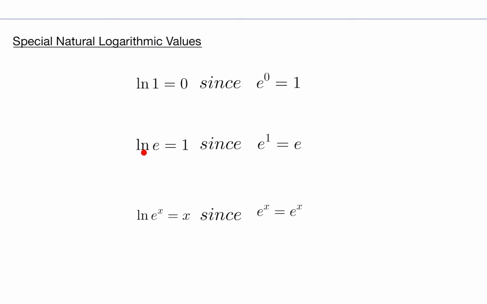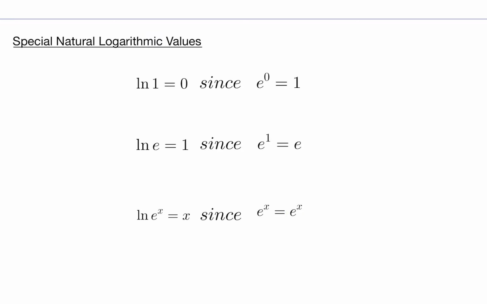We also have the natural log of e is equal to 1, and that's because e raised to the 1 power is e. And then lastly, the natural log of e to the x is equal to x because e to the x is also equal to e to the x, okay?